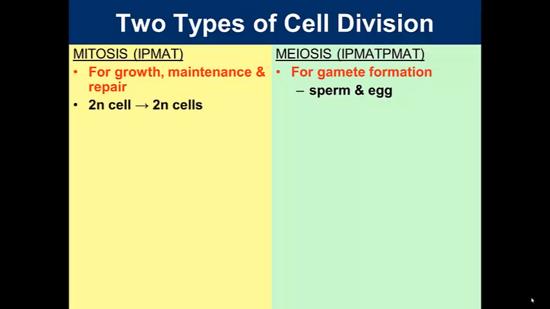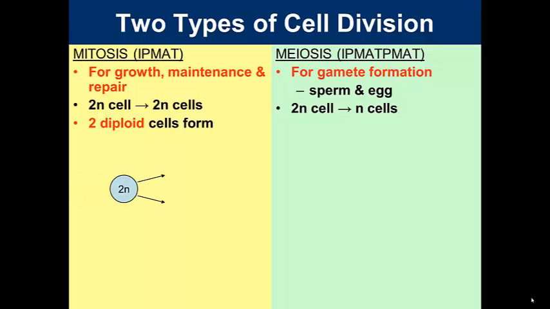The result of mitosis is one 2N cell forms two 2N cells. In meiosis, one 2N cell produces 4 N cells. 2 diploid cells are formed for mitosis, so one 2N cell produces 2 2N cells.